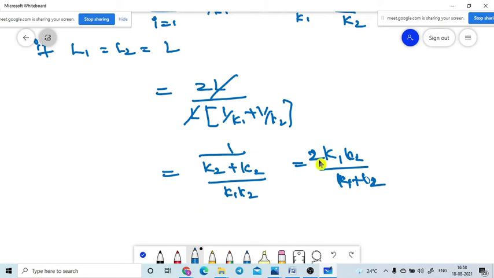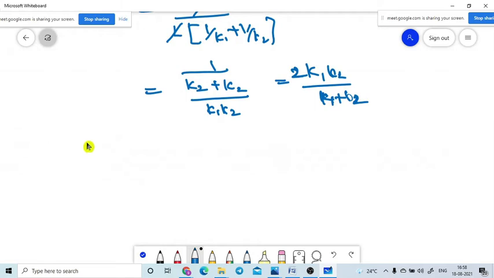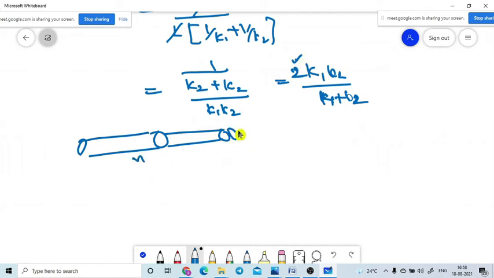Yes, 2 is there. So now what is our conclusion? If the same area of cross section, same length, two materials are taken, I will get the 2 here. If I am taking N materials connected with the same length, what is the value we will get here?